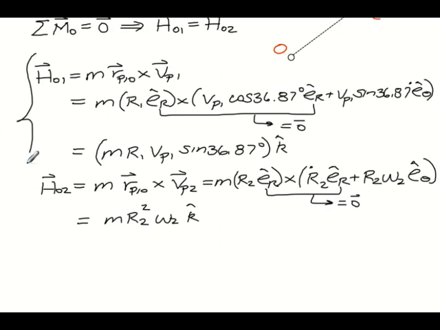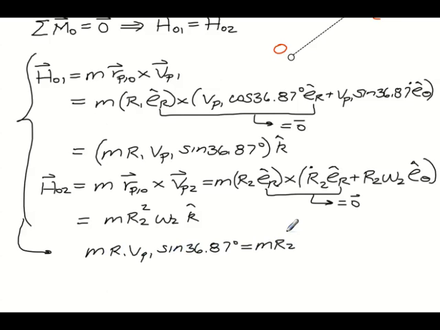So setting H1 equal to H2, I have M R1 VP1 sine of 36.87 is equal to M R2 squared omega 2. So what we have from this is the theta component of the rotation rate, the angular velocity, if you will, of that chord at that position.